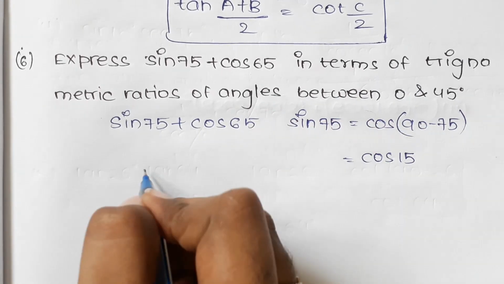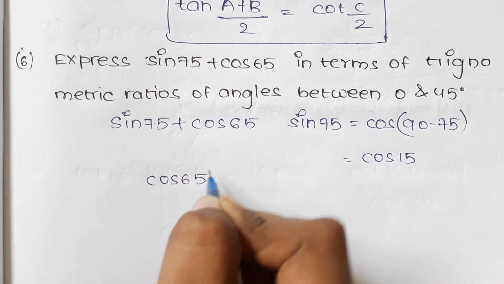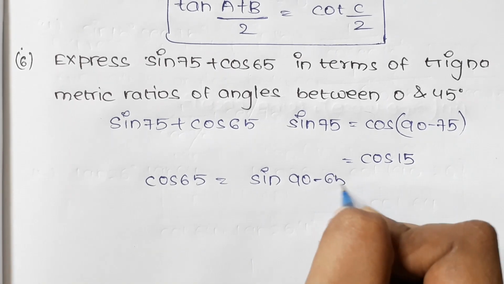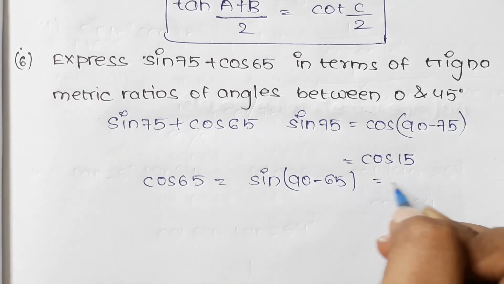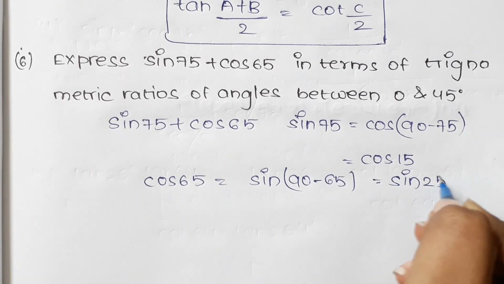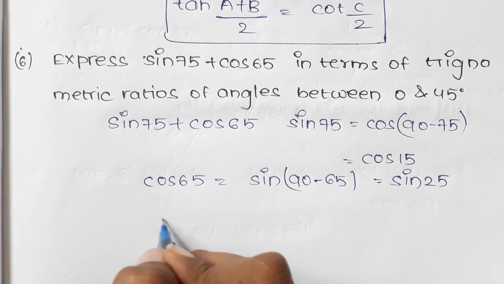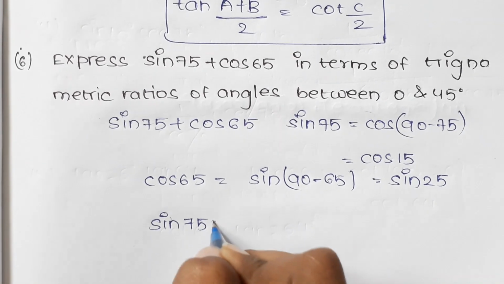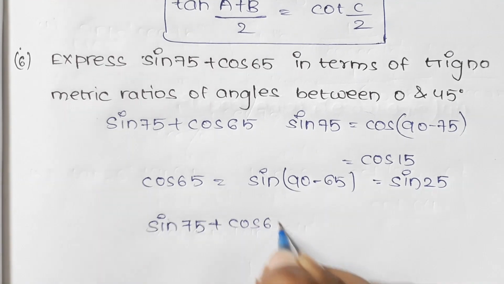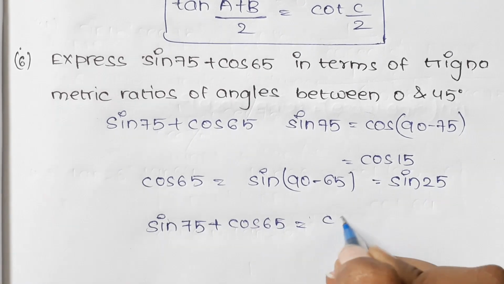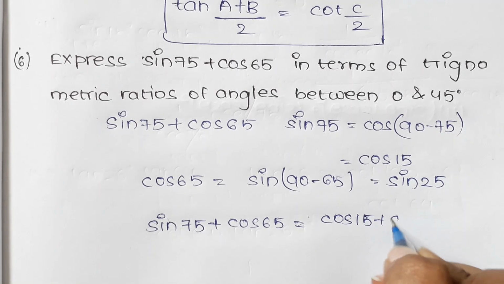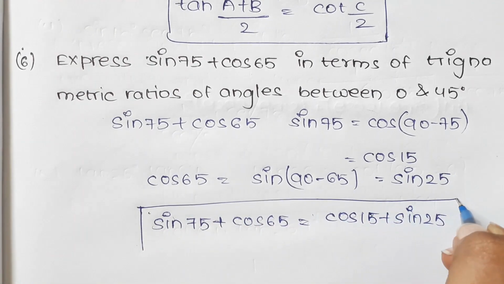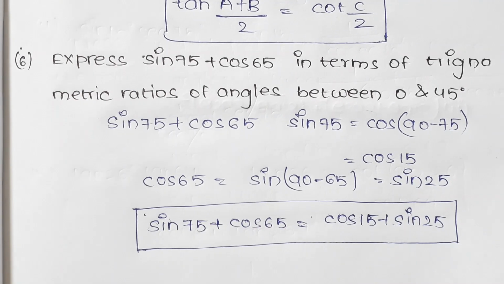And similarly, cos 65 can be written as sin of (90 minus 65), that is sin 25. And now we get sin 75 plus cos 65 is equal to cos 15 plus sin 25. And this is about the sixth question.